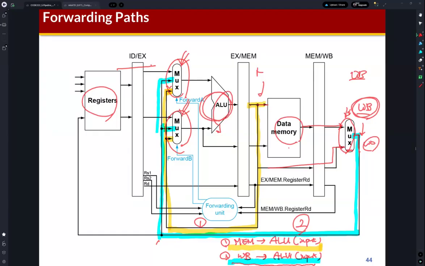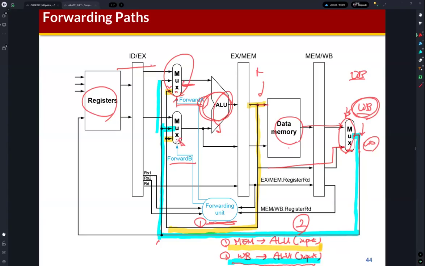And this is the multiplexer, and the multiplexer receives the control signal, the selection signal, right? So we need to generate this selection signal, okay? The selection signal is generated by the forwarding unit. You can find ForwardA, the selection signal of this multiplexer, and ForwardB, the selection signal for this multiplexer.